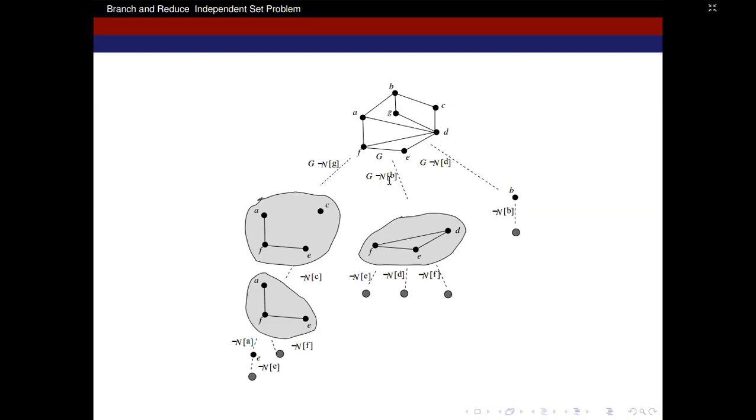If we delete the neighborhood of B, which contains B, A, G, and C, we get this instance. And if we delete the neighborhood of D, which contains D itself, G, C, A, F, and E, only the vertex B remains. So we get this instance.